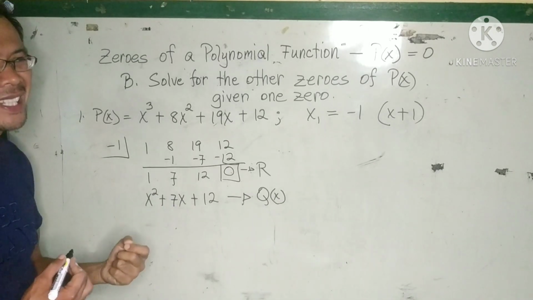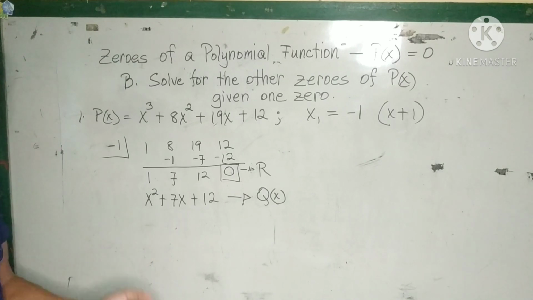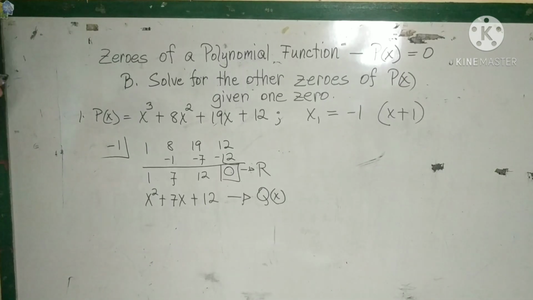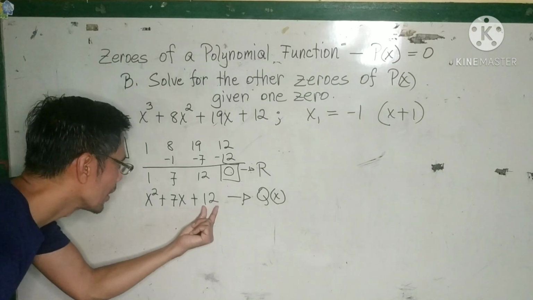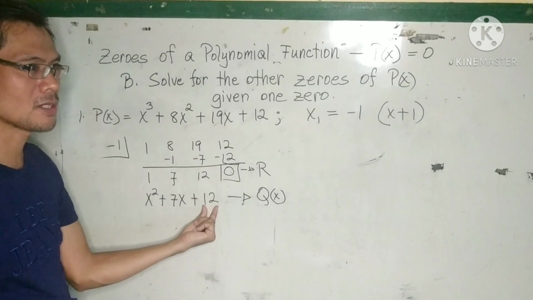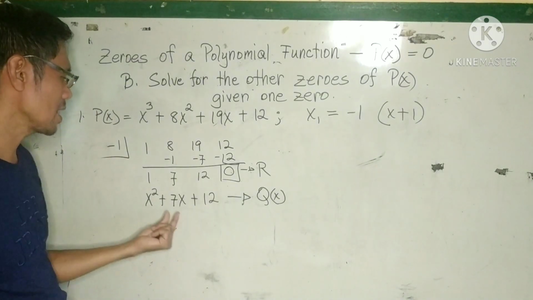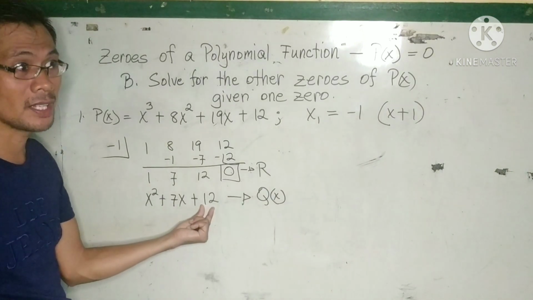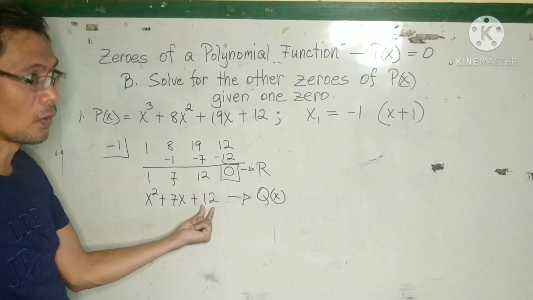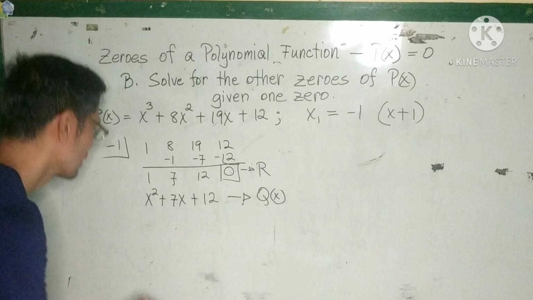So it is now easy for us to think of the linear factors. So how do we factor this? We have 12. What are the factors of 12 which, if you sum them, will give you 7? So positive 12 is 3 times 4, and 3 plus 4 gives us 7.